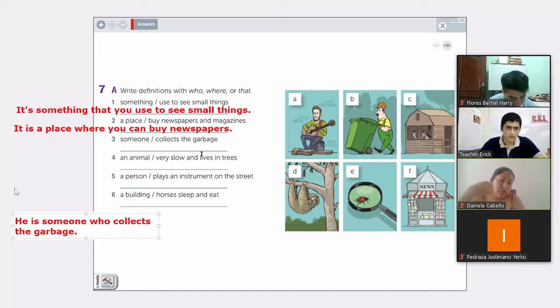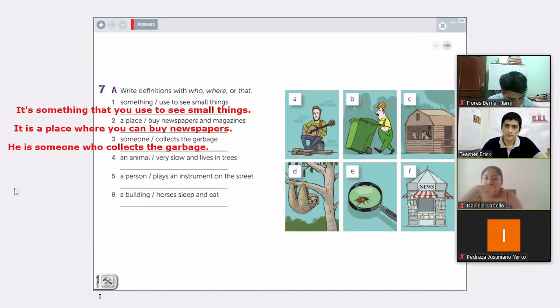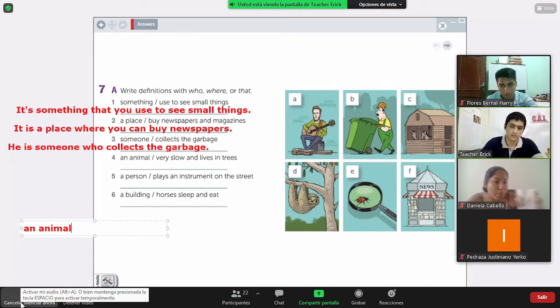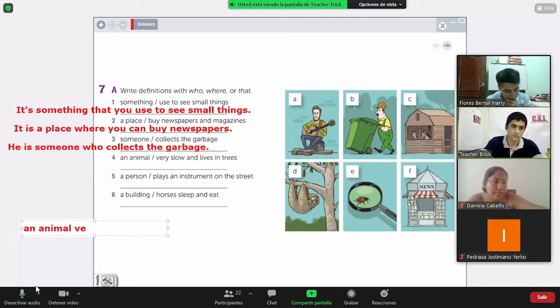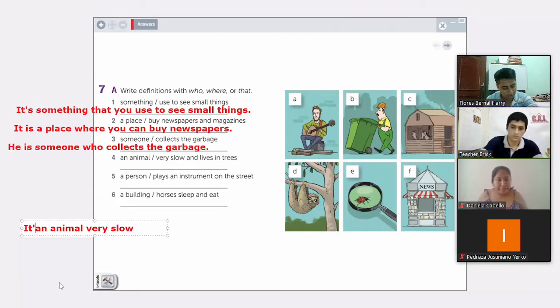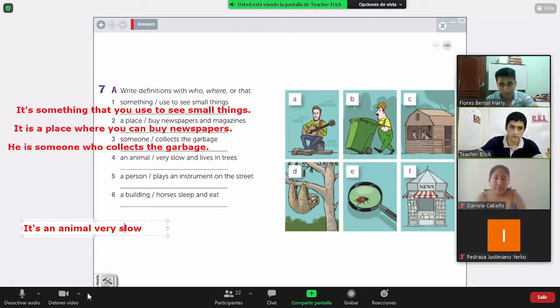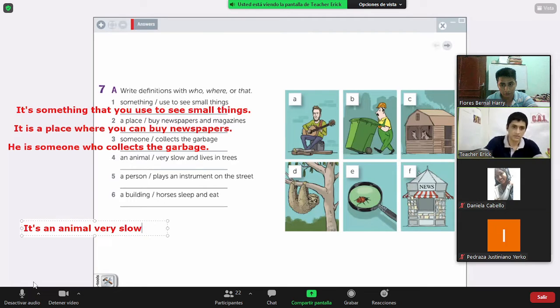And number 4, Chelsea or Flores Bernal, please. Okay, is an animal who lives very slow and lives in trees. And trees, ¿no? Teacher? Trees. It's an animal who lives very slow and lives in trees. Okay, so yep, it's an animal.